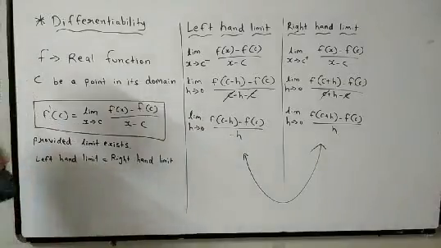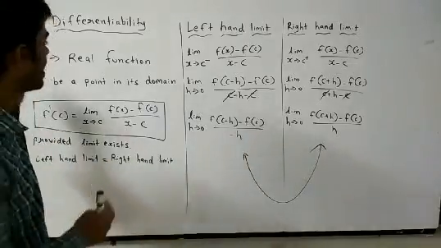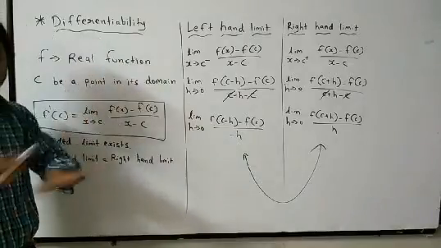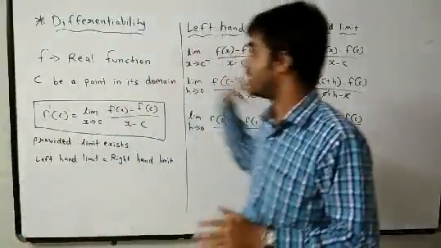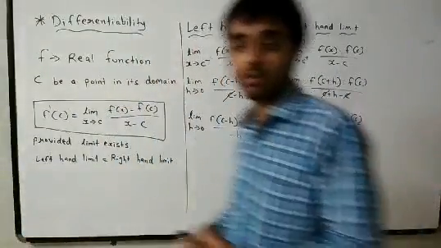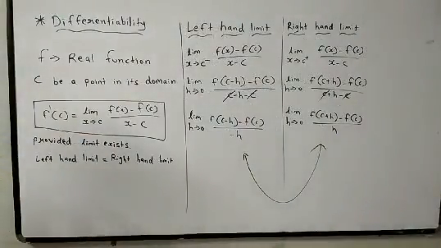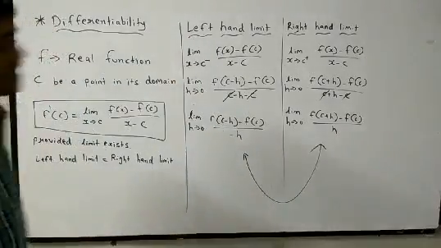Okay, so how are we going to see the meaning of differentiability? See, till now I have explained all of this to you, but in this there is nowhere the meaning of differentiability. Nowhere the meaning of differentiability is there. Now I will explain what is the meaning of differentiability. Right? So this is left hand limit and right hand limit.